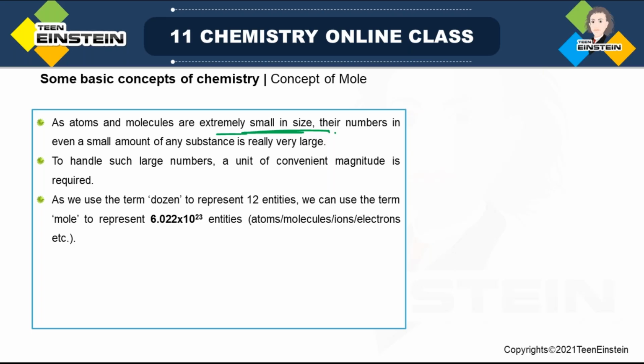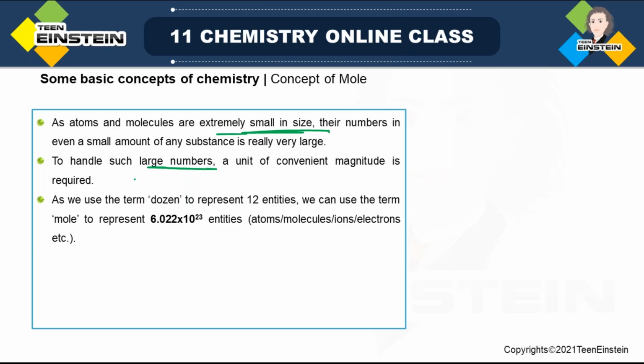Even if the amount of that oxygen gas is very low, the number of particles will be very high because of their small size. So handling these large numbers is really difficult, right? That is why we need a unit for day-to-day life that we can easily handle and that is convenient. That is the purpose for which the concept of mole is required.